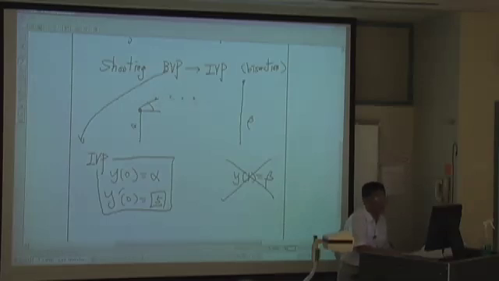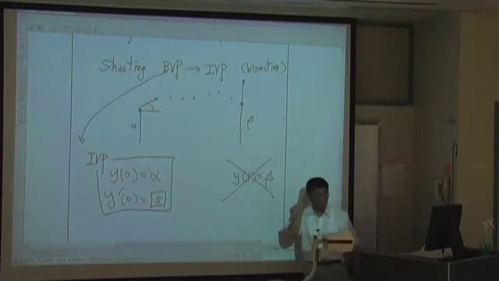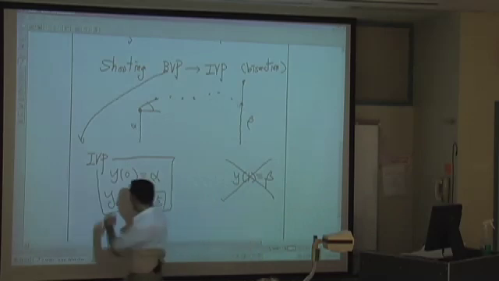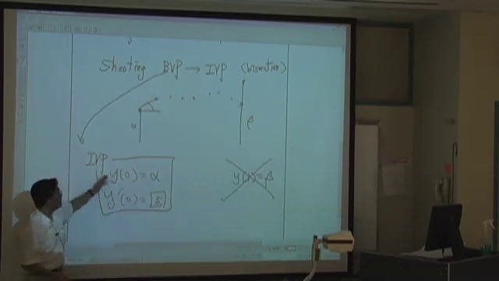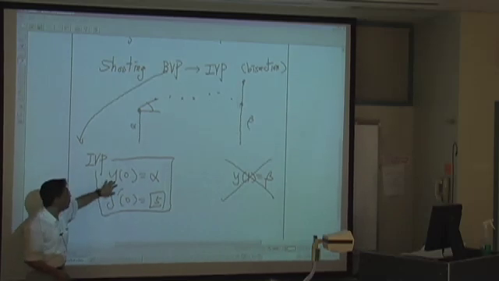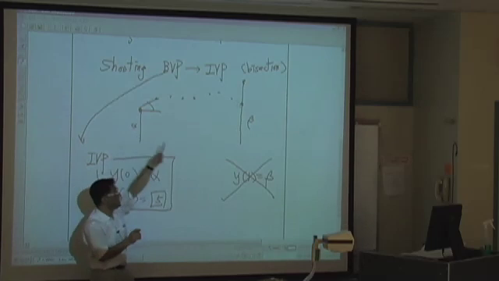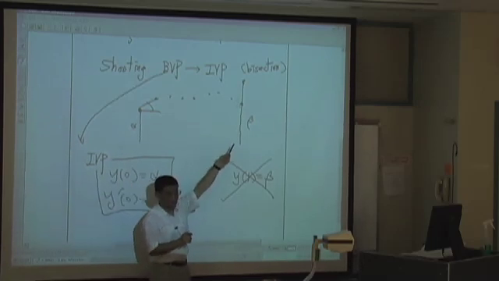By RK4, we may get these heights. It's the initial value method with RK4. We use this initial condition and then apply RK4 to determine the next point. Then we may arrive at some point. Do you follow me or not?